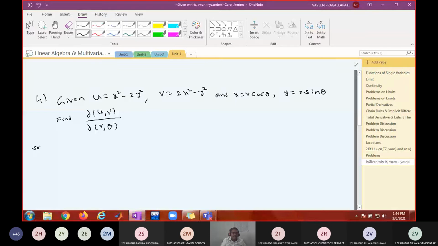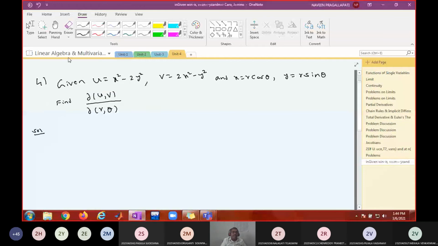How do you do this? U and v are functions of x and y. Again, x and y are functions of r and theta. And you are asked to find out u and v Jacobian in terms of r and theta. Okay, so what rule you are going to apply? You will be applying chain rule, right?